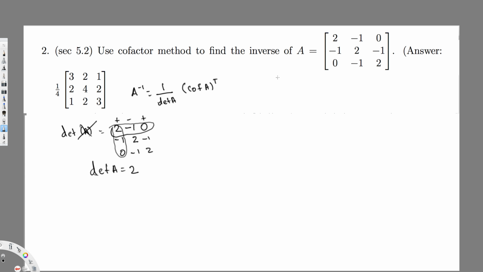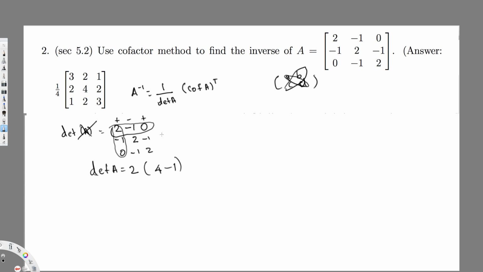If you wonder what AD minus BC is, for a matrix with A B and C D, this is AD, and this is BC, and AD minus BC is the general formula to find the determinant of 2 by 2 matrices. Since we have a 2 by 2 matrix right here, we can use that formula. So 2 times 2 is 4, minus 1, so it's going to be 3.